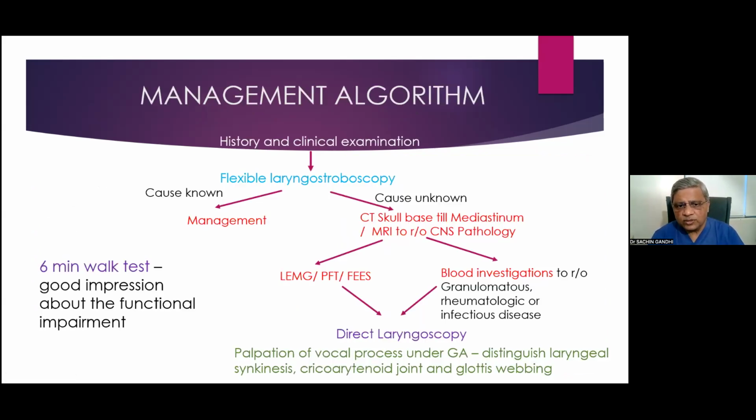So how do you go about it? First and foremost is flexible laryngoscopy. If the cause is known because of previous investigations, you can manage those primary as well as secondary causes. If the cause is unknown, the patient has come to you with breathlessness and the laryngoscopy shows cords fixed in the midline, then you have to go with a CT from skull base to upper mediastinum, to trace the origin of the recurrent laryngeal nerve and to look at the skull base and brainstem.